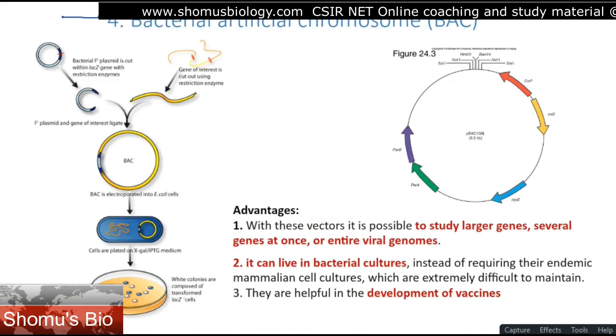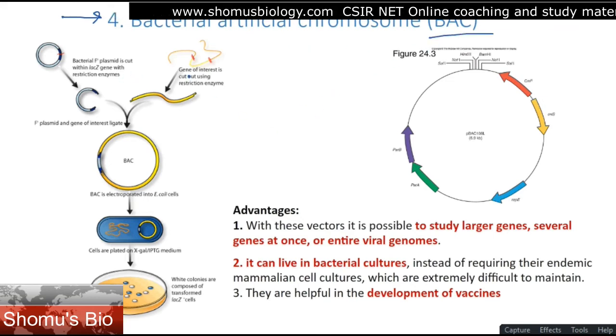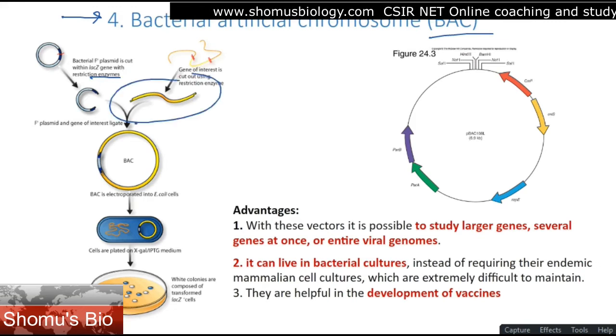Now the fourth type of vector, the bacterial artificial chromosome or BAC. We use them because, in this case, let's say the bacterial F plasmid is cut with a LacZ gene with restriction enzymes, and once we cut it, we put the gene of interest inside.